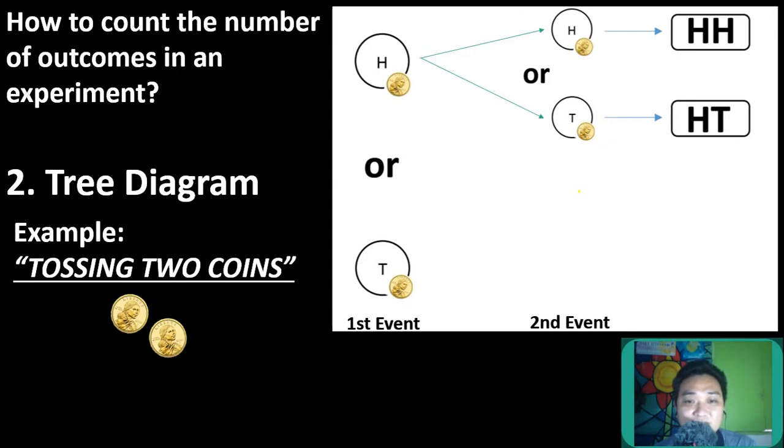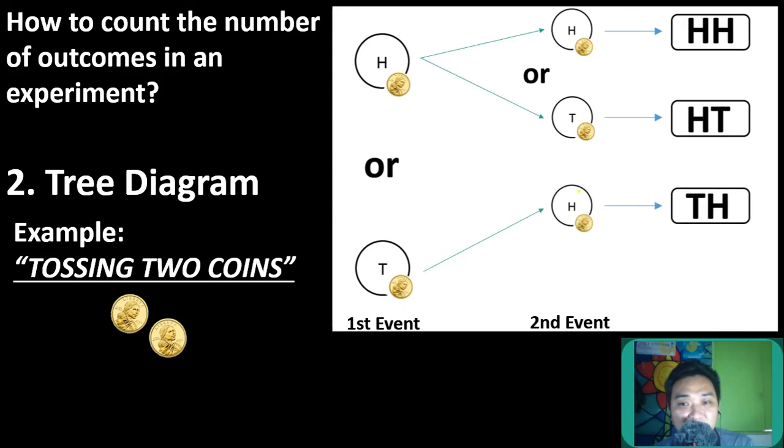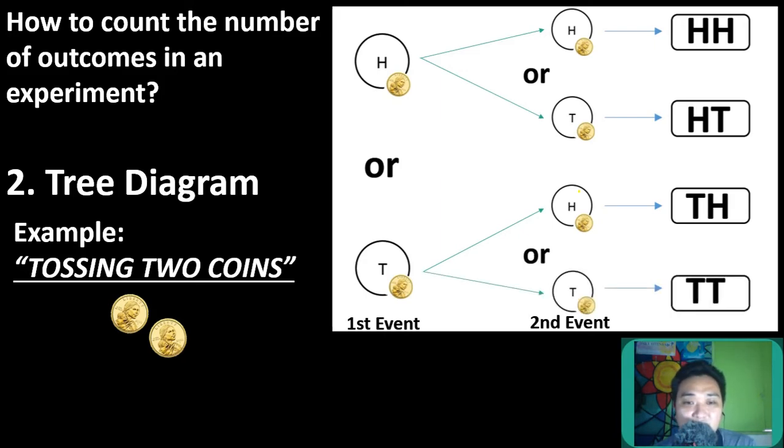Or, kung halimbawa naman, sa first event natin ang lumabas, tail, at sa second event natin ang lumabas, head, so our outcome will be tail, head. And if on our first event, ang lumabas naman ay tail, tapos sa second event, tail na naman, so our possible outcome will be tail, tail.